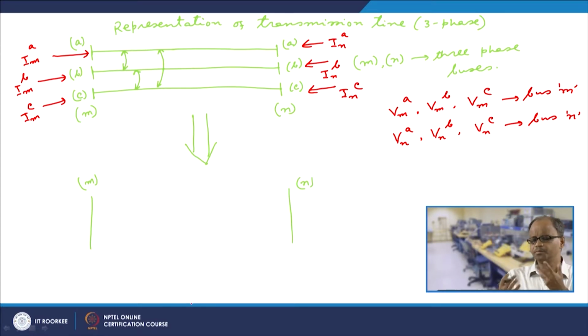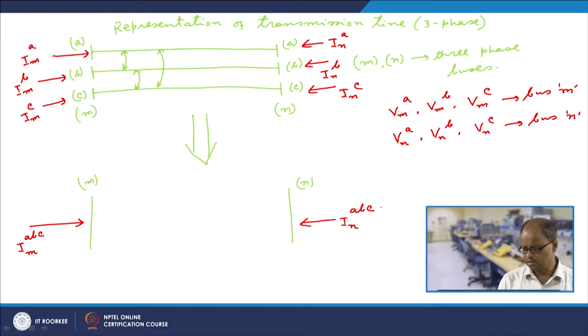Now, for the purpose of concise as well as convenient representation, we represent these 3 individual currents as a vector, I_MABC. So, this is a vector. Similarly, we also represent these 3 currents as I_NABC. So, what is I_MABC? I_MABC is essentially [I_MA, I_MB, I_MC] transpose.